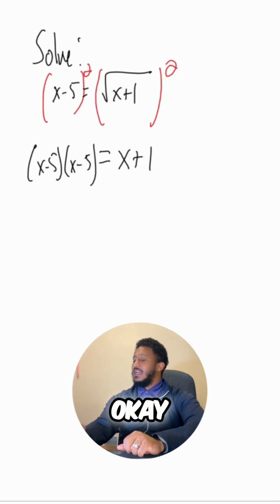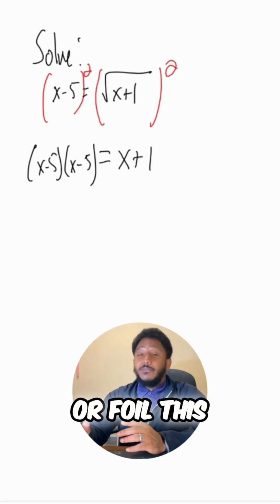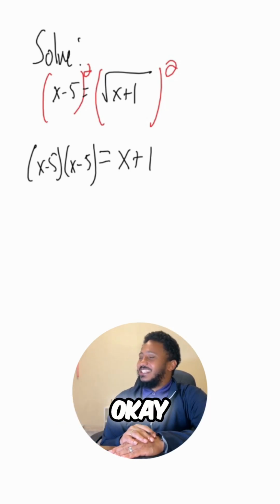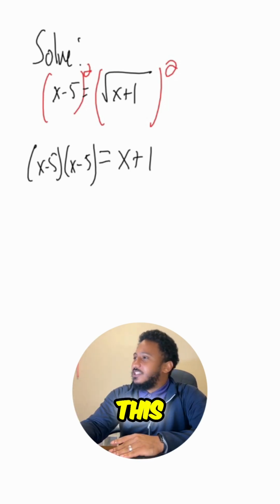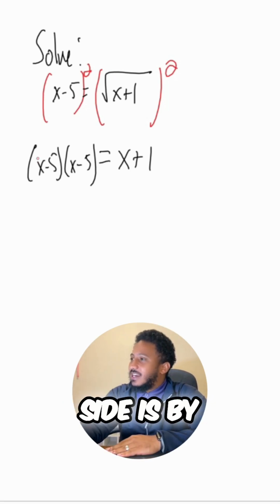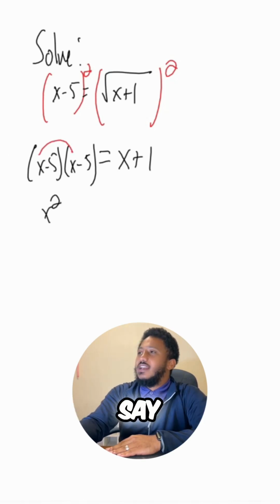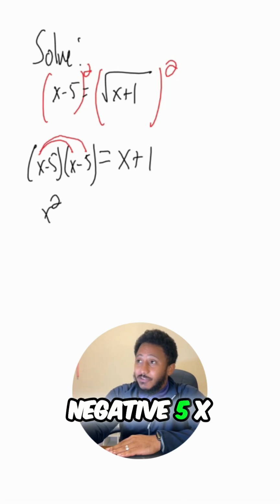To get rid of these parentheses, we have to multiply this out, or FOIL it out. The same thing you put on your baked potato, right? Expand the expression. First times first gives x squared. Outer, x times negative 5, is negative 5x.